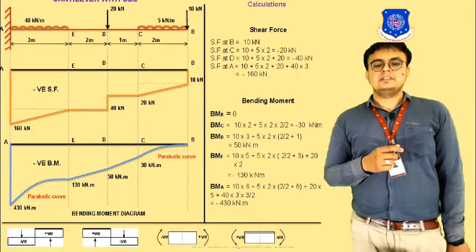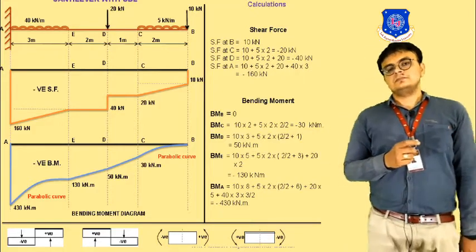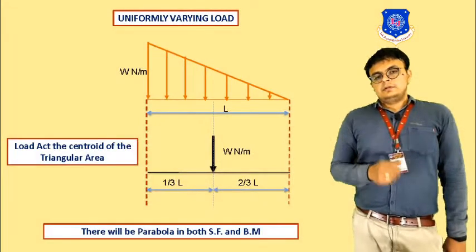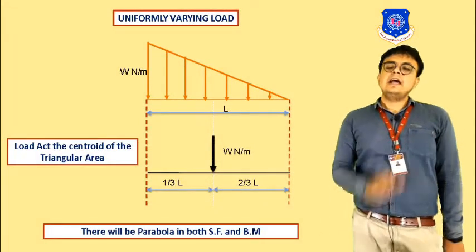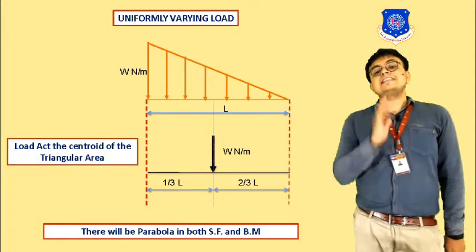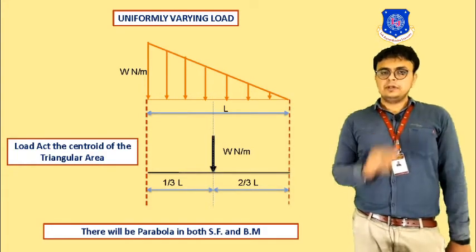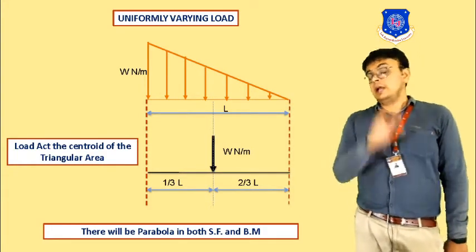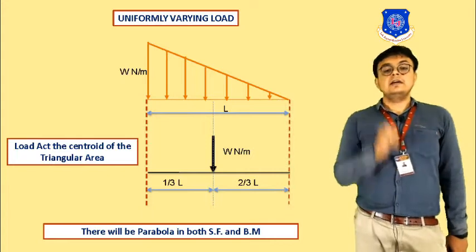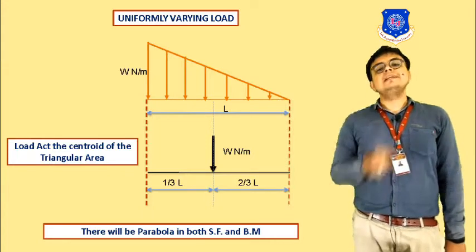So yes, this is the thing. We have done all the examples related to UDL, uniformly distributed load. Now it's time to see another type of load, that is uniformly varying load.